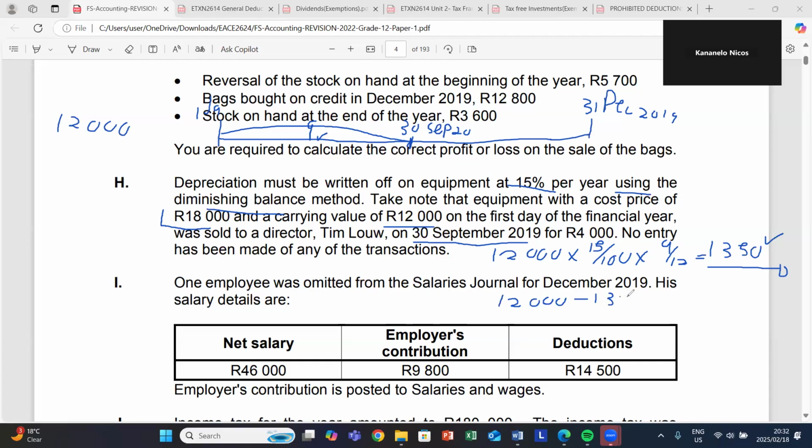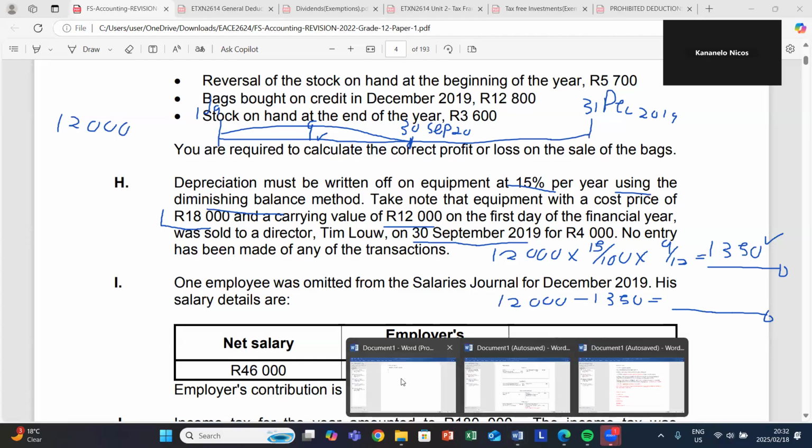And then we'll get the carrying value on the 30th of September, which amounts to how much? Please also calculate this one, guys, so that we get our answer. You can simply type it in the chat box here again.